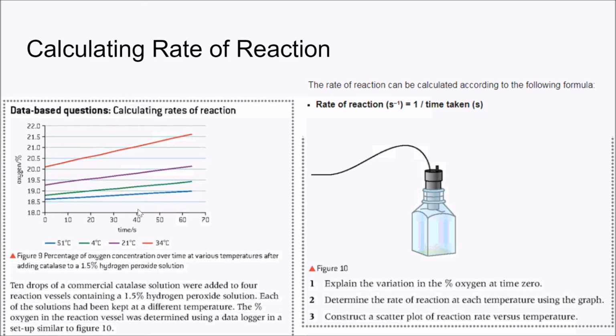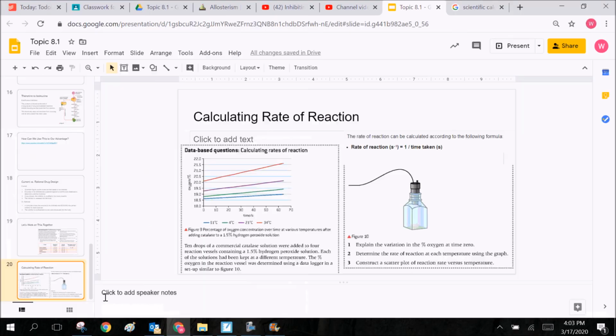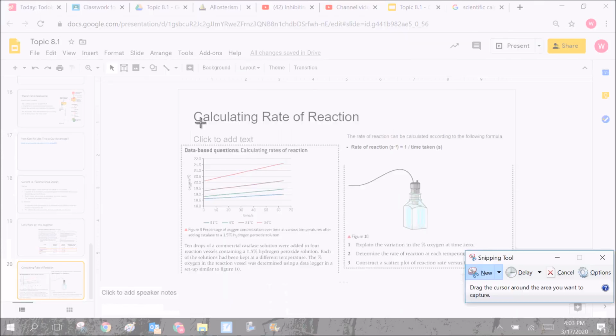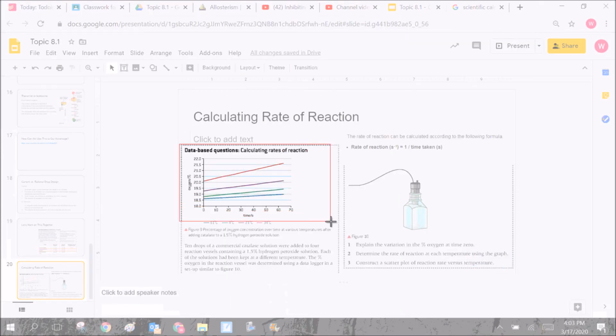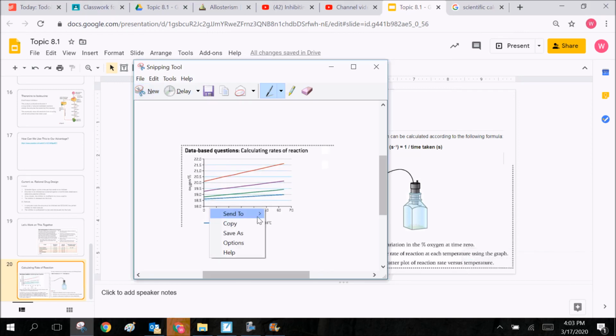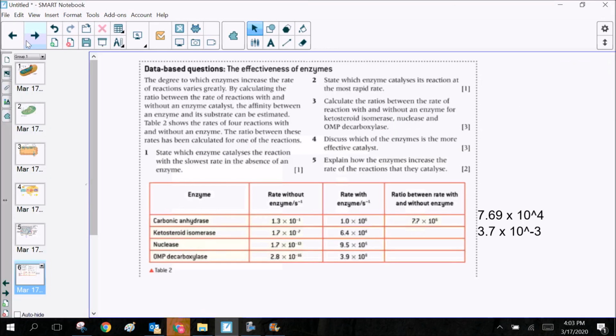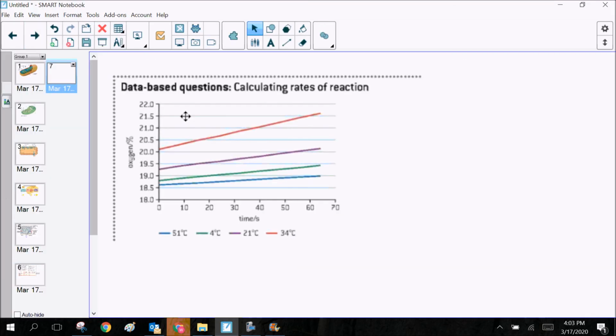divided by the time. Okay, so if I pick up this graph right here and move it over and look at the reaction rate of all this stuff, it looks like it's based off the same kind of lab that we did. So it's using catalase to split down hydrogen peroxide. We'll take a look at the reaction rate right here for this one.